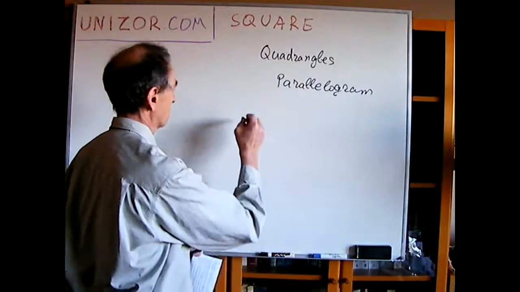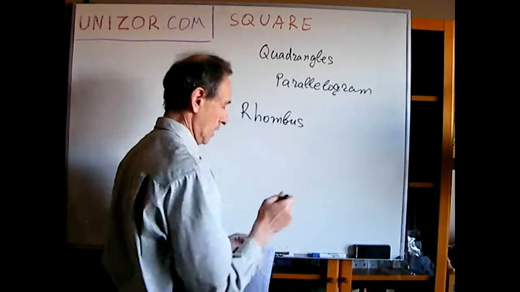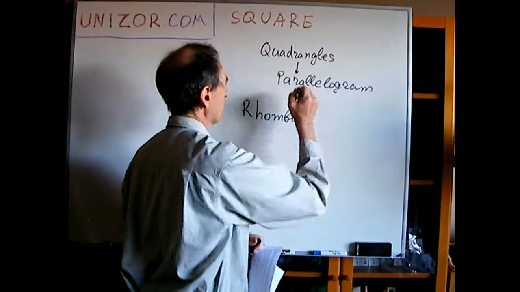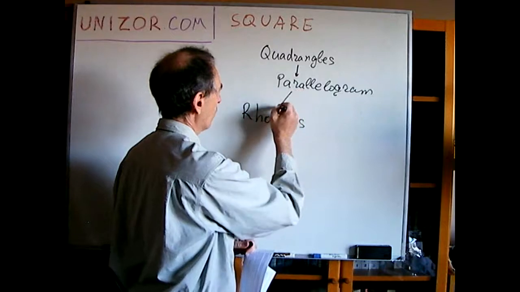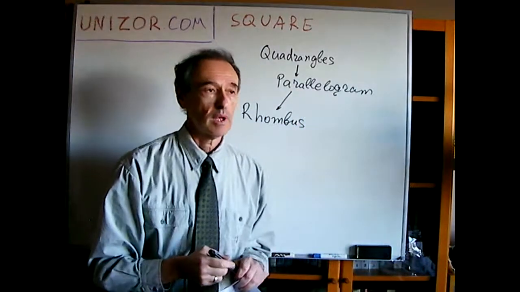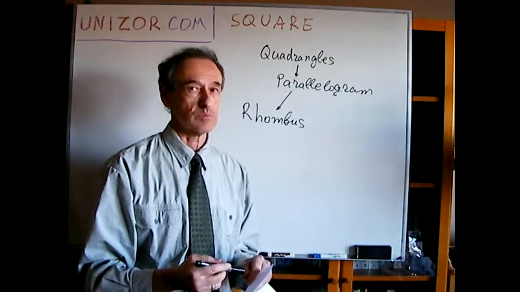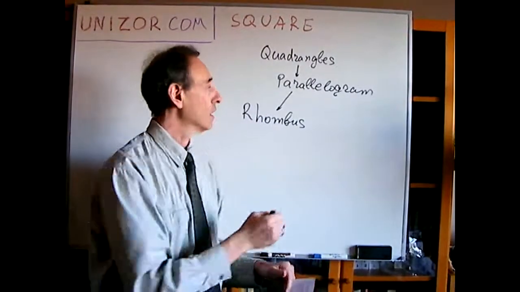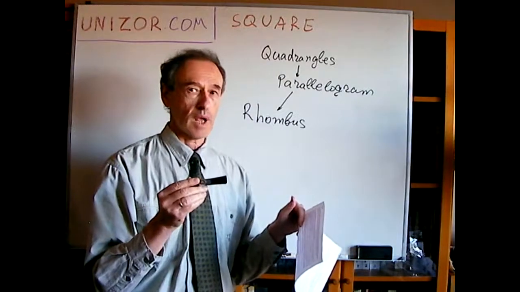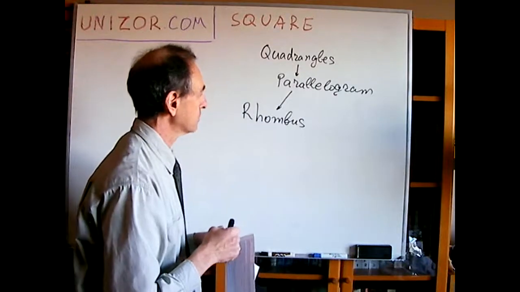Okay, then I was talking about rhombus, which is a parallelogram. So in as much as parallelogram is a subset of quadrangles, rhombus is a subset of parallelograms. In addition to whatever characteristics parallelogram has, which is that opposite sides are parallel, rhombus has an additional characteristic: all 4 sides should be congruent to each other.